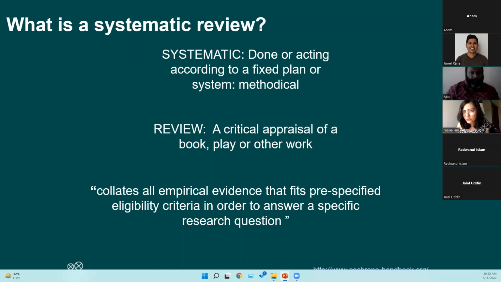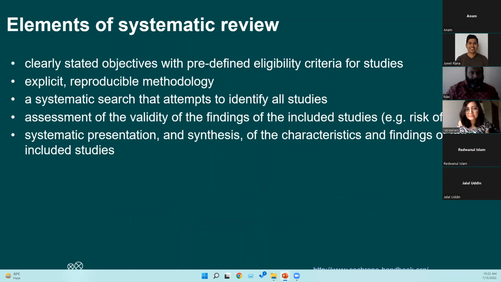Joel, can you go ahead? Eligible criteria, current knowledge. It has an explicit and reproducible methodology.